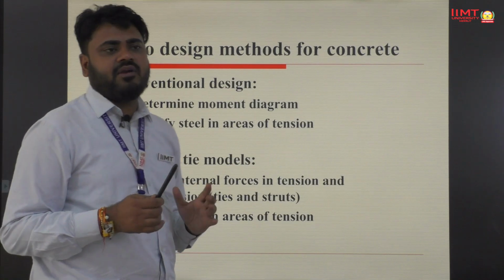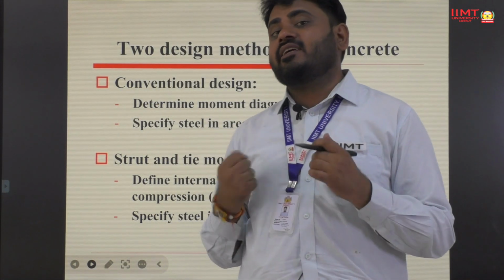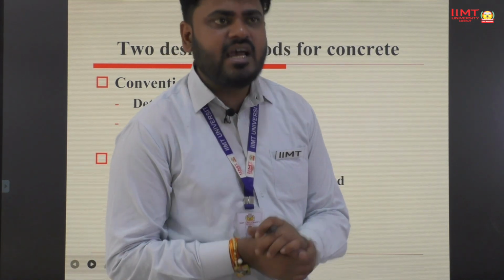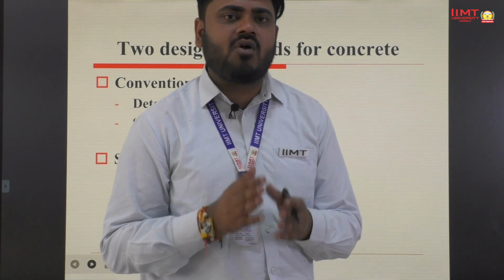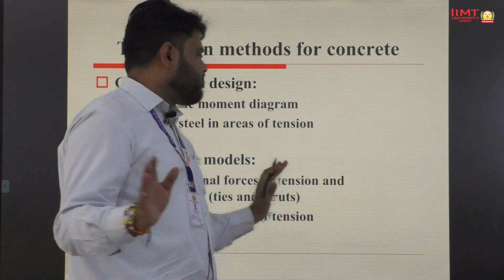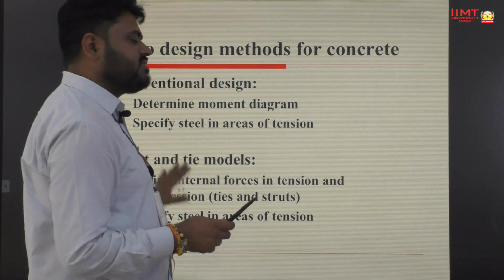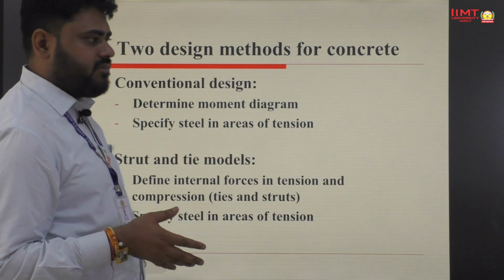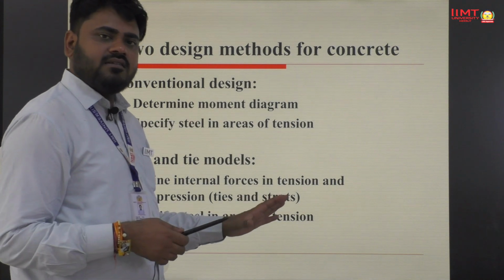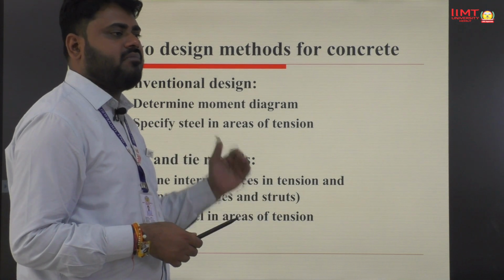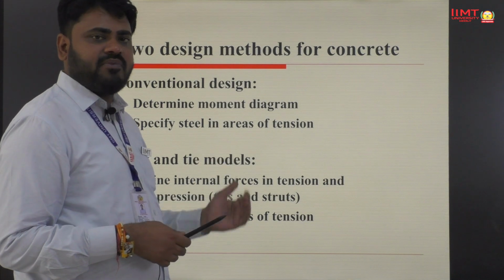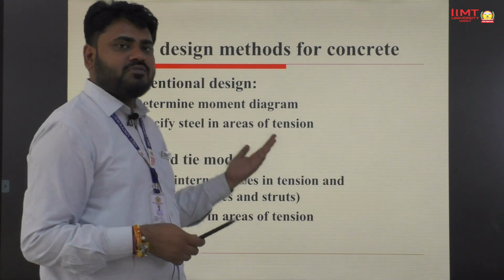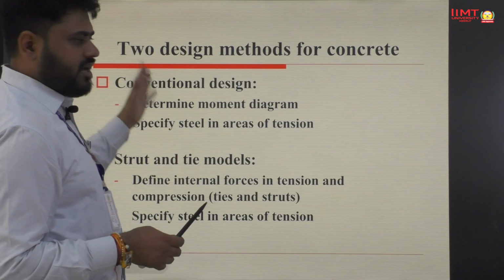How much steel is required for the design of any kind of reinforced concrete, whether it is a beam, slab, column or footing, whatever the type of structure. In the upcoming chapter on the limit state method, we will design singly reinforced beams, doubly reinforced beams, T beams, one-way slabs, two-way slabs, compression members, and short and long columns. All of these different structures we will design using the conventional design method.